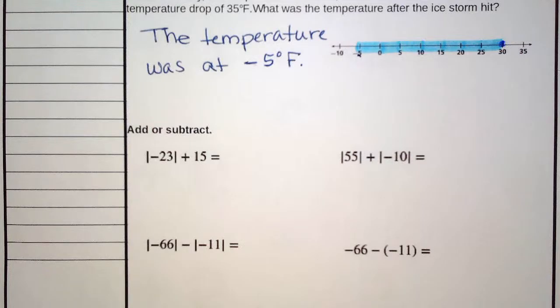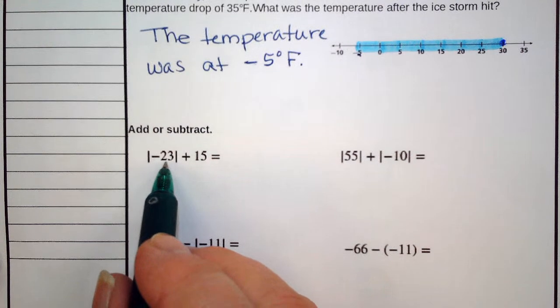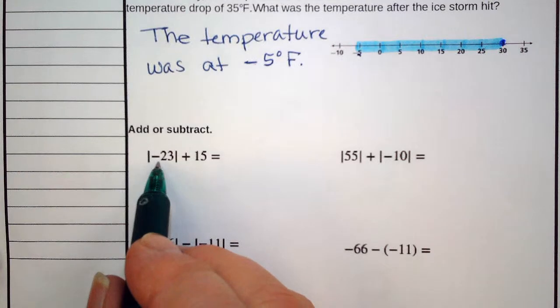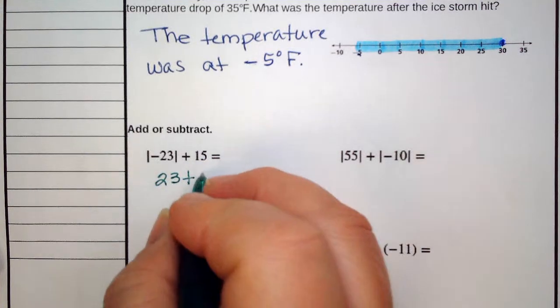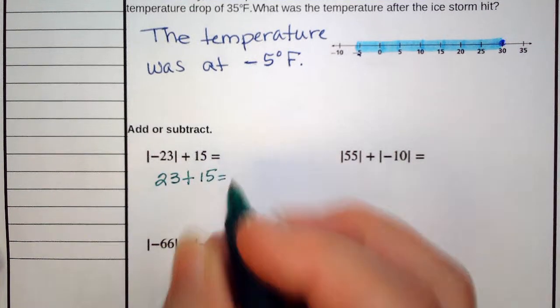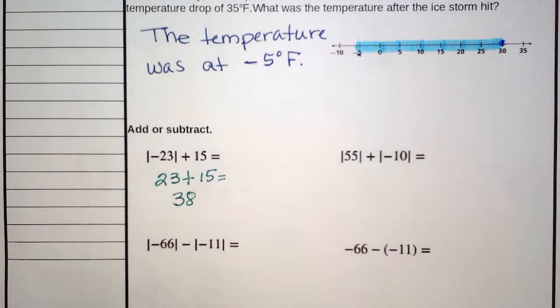So as I'm looking at that first one, I'm going to pull the absolute value of -23. -23 is 23 units from 0. 23 plus 15 is 38.